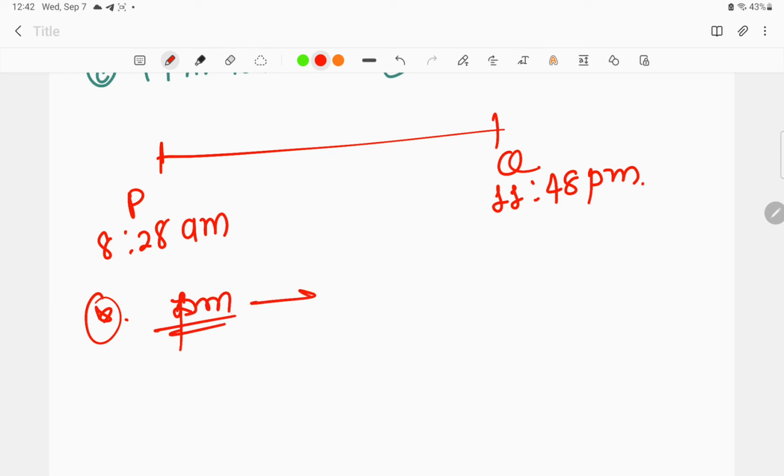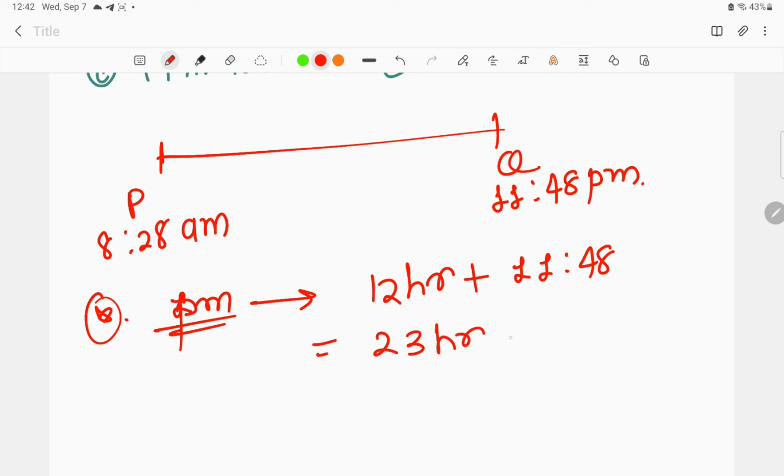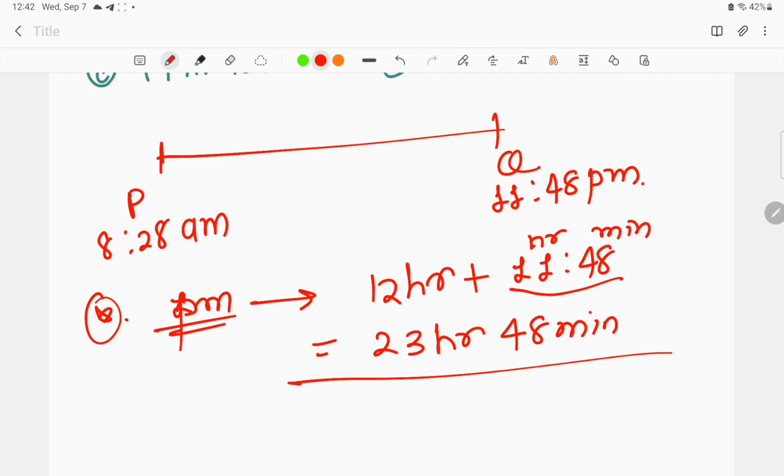How can we convert it? As we know, there are 12 hours. When we do 12 hours plus 11:48, we get the actual time, that is 23 hours 48 minutes. This 11:48 means 11 hours and 48 minutes, right? So we have converted it into hours.